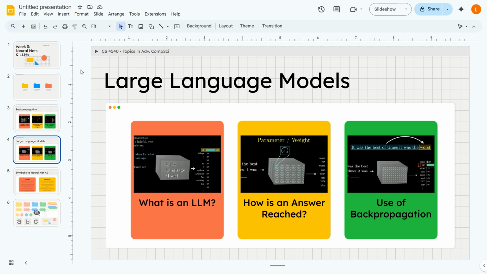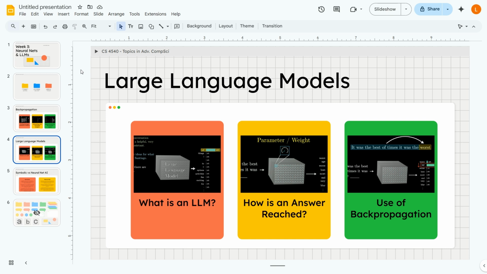And if the last word is not actually the top word in the probabilities, the parameters are adjusted so that the actual word can be put to the top. And that's essentially how large language models work. Very similar a process to backpropagation, actually.